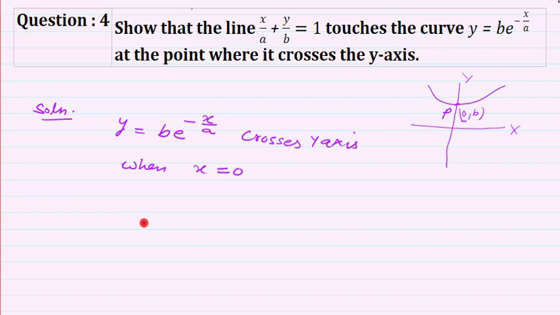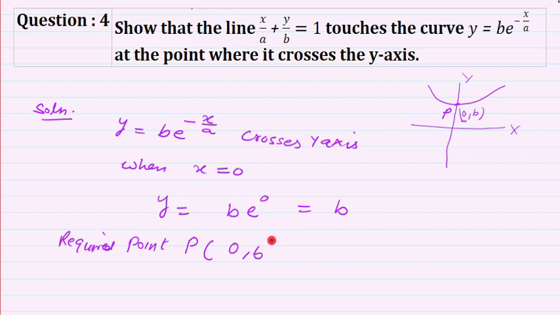So putting x is equal to 0 here, y is equal to b e power 0, and you know very well any number to the power 0 is 1. So we are getting y is equal to b. So the required point, where we need to calculate the tangent, let us name P, is (0, b).